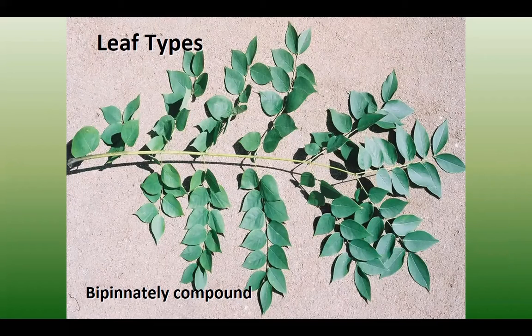Yeah, sure. The honey locust also has bipinnately compound leaves. But the strange thing is that it starts out that way, and then as it gets aged, maybe it doesn't have the same amount of energy or something. I don't know the reason, but most of the leaves on the older ones are only pinnately compound.